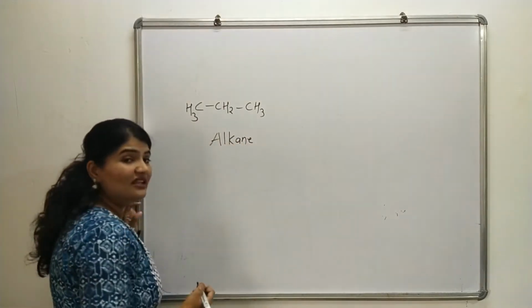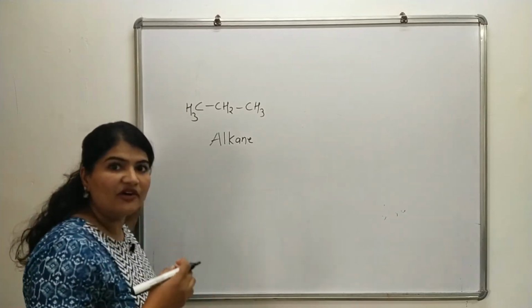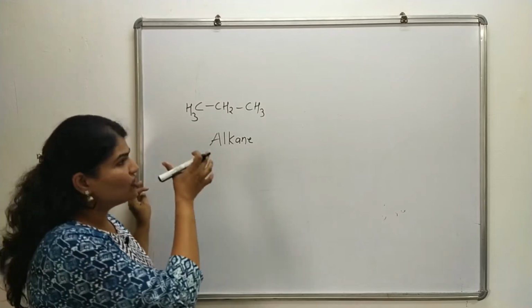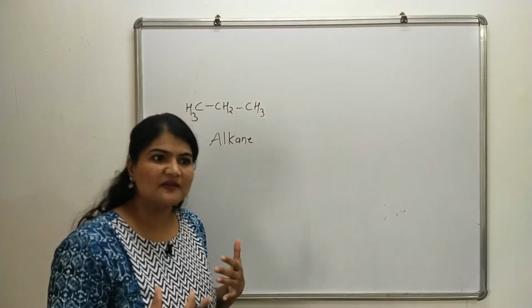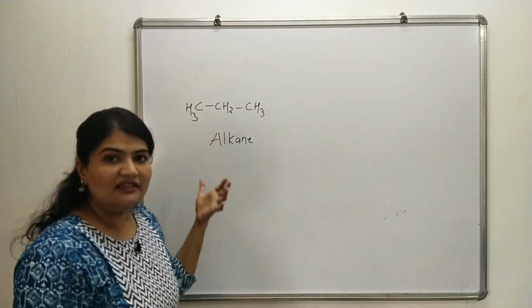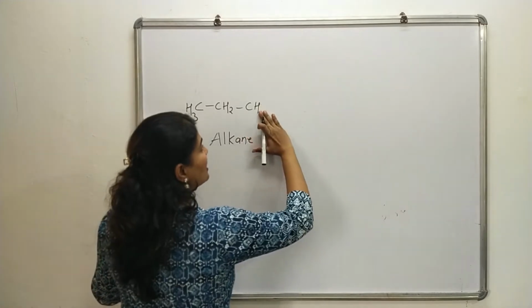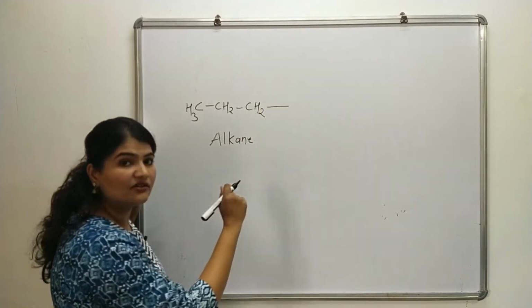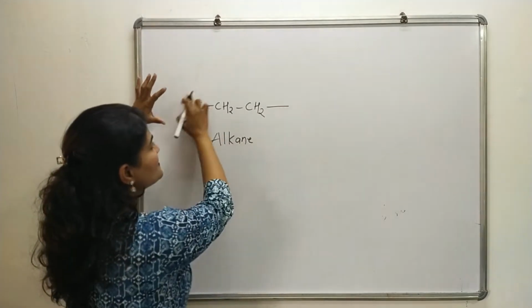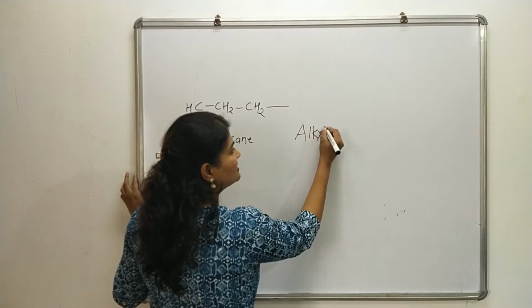And then what is an alkyl group? Alkane is a parent hydrocarbon, but if I remove one hydrogen from it and open that link for substitution, it becomes a substituent, and then it is referred to as an alkyl group.